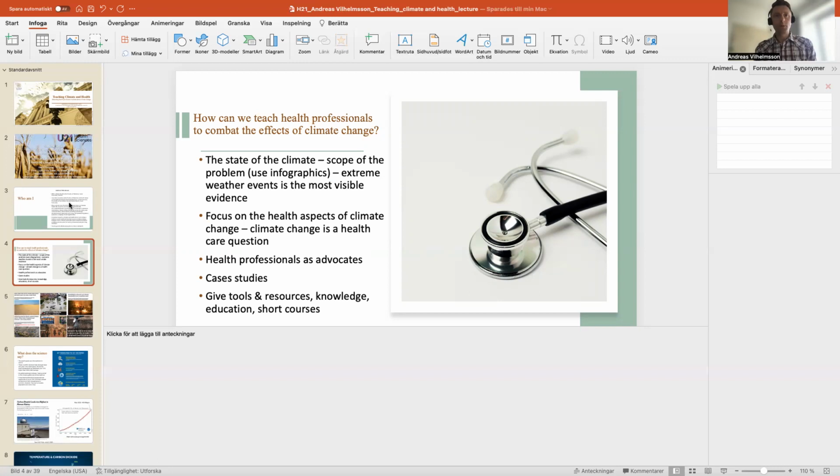And it's very important to quite directly focus on the health aspects of climate change, that it also is a healthcare question, and also that the health professional, how they can act as advocates for this issue. And to do this, case studies is very important to have concerning different aspects of climate change. And it's also very important to give tools and resources, knowledge, education, and also explain about available short courses. And I will come back to this.